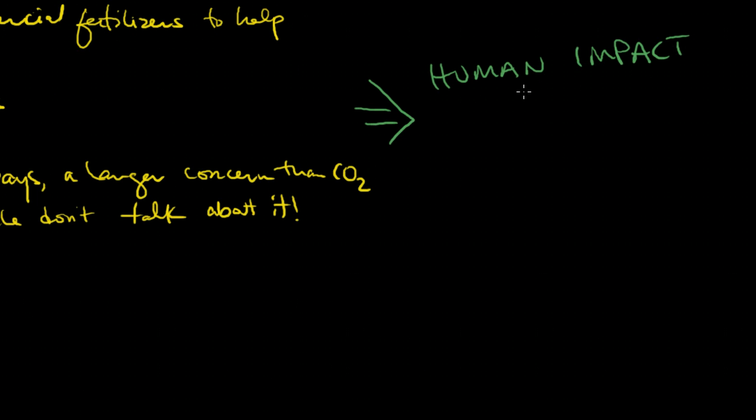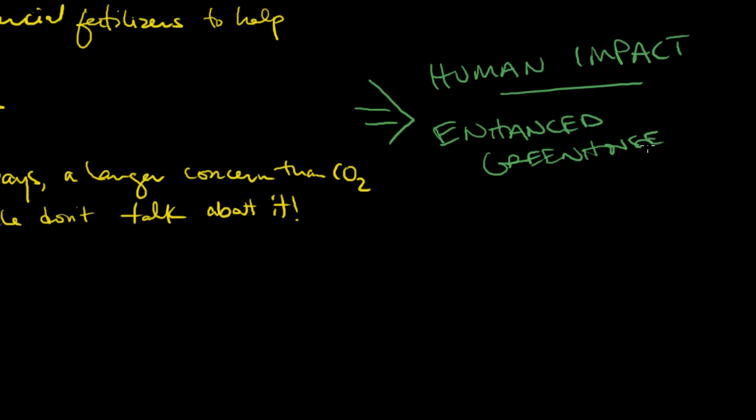The human impact is the enhanced greenhouse effect. So you should know the difference between the enhanced greenhouse effect and the greenhouse effect. The enhanced greenhouse effect is the human impact, and you should be able to outline these things.